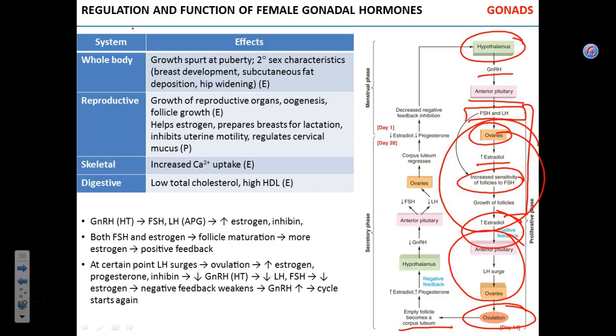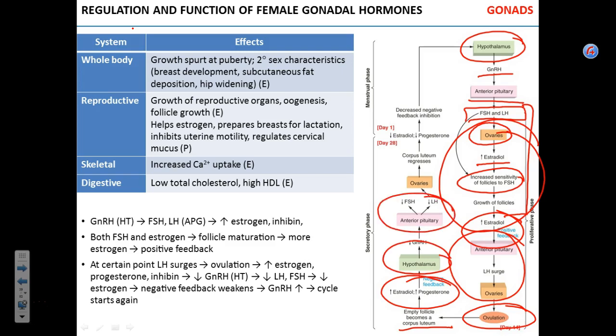So, let's say no fertilization. If there is no fertilization, no implantation, progesterone will decrease, and we'll get to that. So, at this point, elevated estrogen and progesterone reestablish negative feedback, and they inhibit the hypothalamus and anterior pituitary.